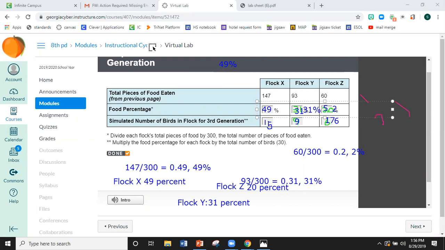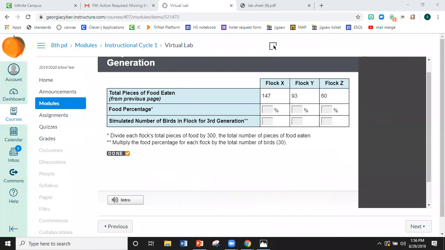Then for the next one, 93 divided by the 300 gives us 0.31, or 31%. 60 divided by 300 gave you 0.2, which as a percent is 20%.